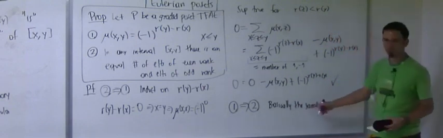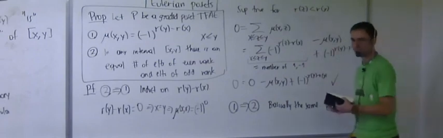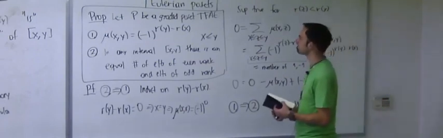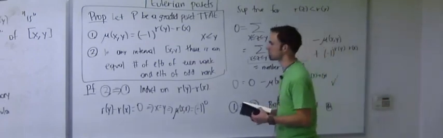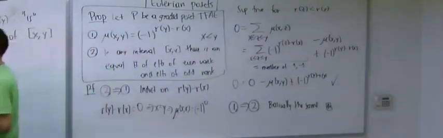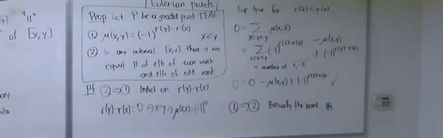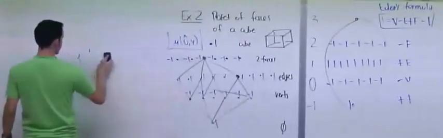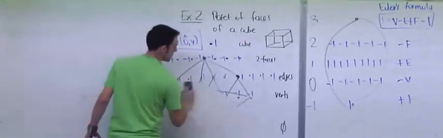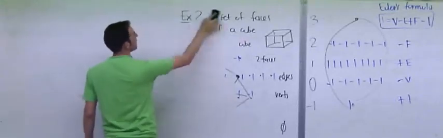So you should do it, but you'll see that you're going to make exactly the same argument. So that means that we have two different criteria for Eulerian posets. Okay?